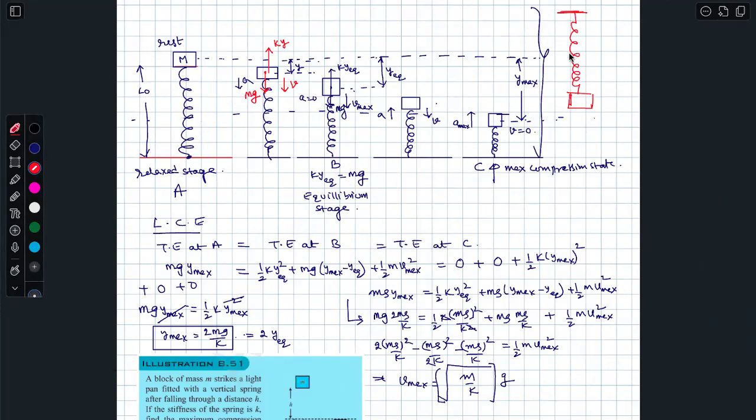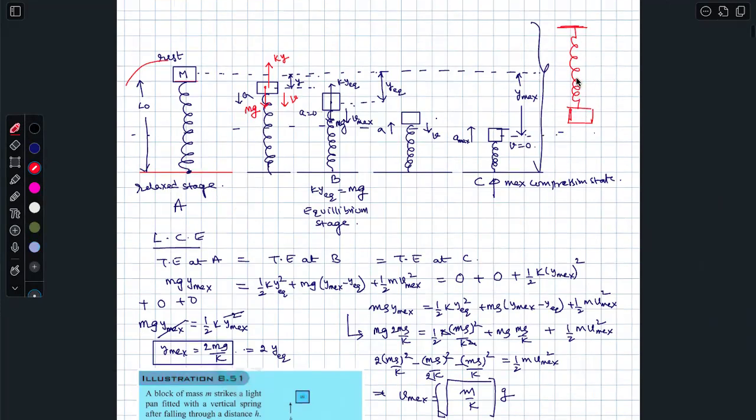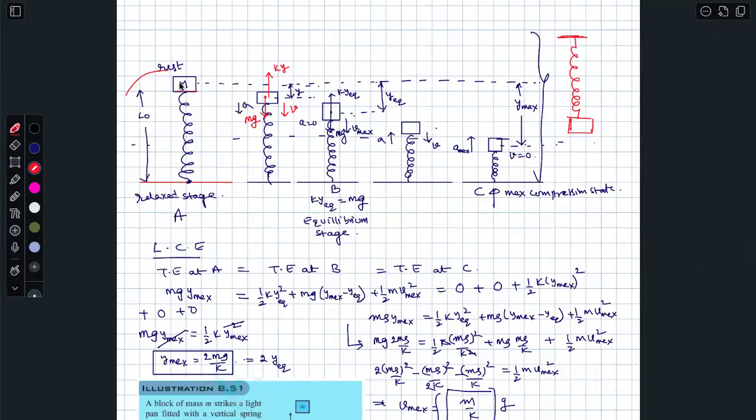Whether this case or this case, the rule is the same. Only thing is, in the first case you will have compression. In this case, you will have elongation. Remember, all this is true when the block is dropped from rest.